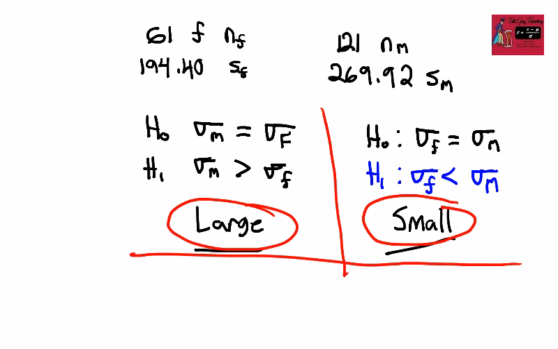What we need to look at is, what is an F test statistic? An F test statistic is an S squared of your first data set over an S squared of your second data set, if I remember correctly. Based on what you sent me in your text message, you said you got an F value of 0.5187.